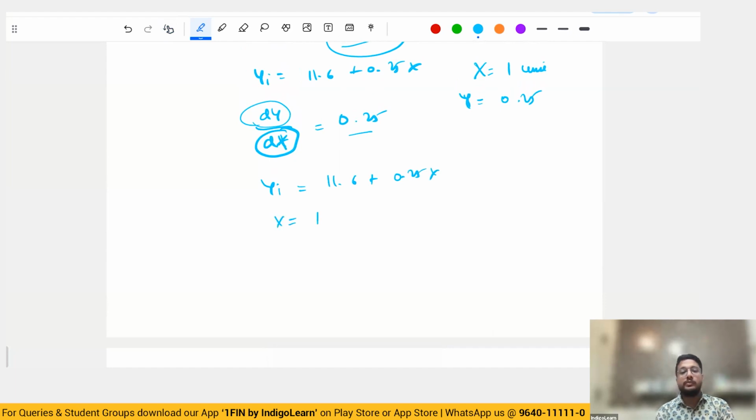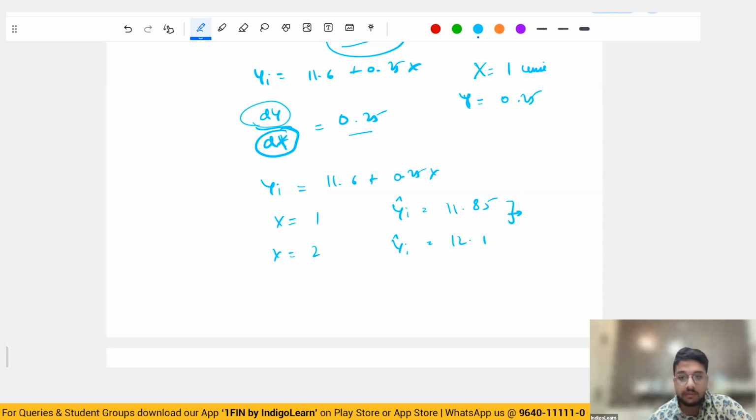If x is equal to 1, please tell me the value of y. 11.85. If x is equal to 2, what is the value of y? 12.1.